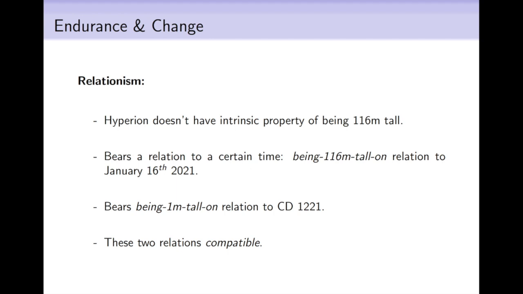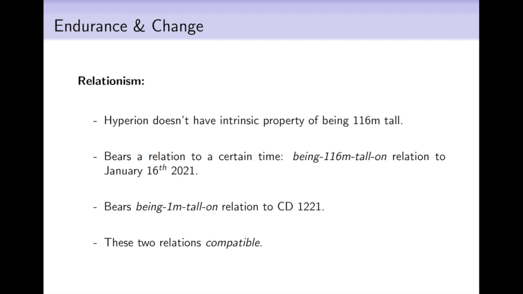and likewise color. Think of an apple that goes from green to red to brown. Normally we think of color as an intrinsic property. The relationalist is going to want to say, because it's a changeable property, it's not actually intrinsic at all. So why do they say that?